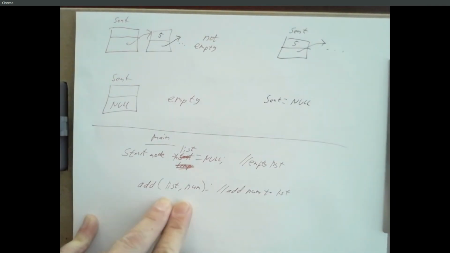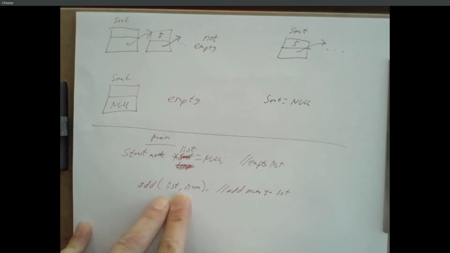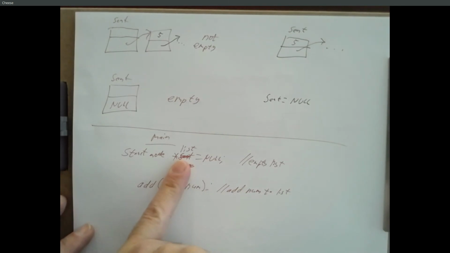Well, when we come back from add, what's the value of list? It's null. Why? Because we pass by value. So nothing inside add can change the value of list when we get back to main. So our add function could add 1,000 nodes to this linked list, but when we get back to the main program, list is still null, and we've lost all that stuff that we added.